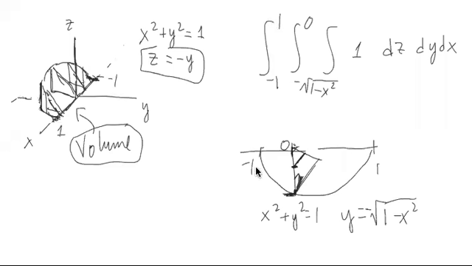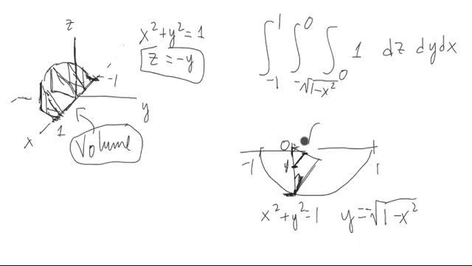Let's see what the z values are going in between on this line for a specific y value. This line happens at a specific y value and at a specific x value, and then z is just going up from there. So z starts in the xy plane, so it starts at 0, and it's going up to this line.